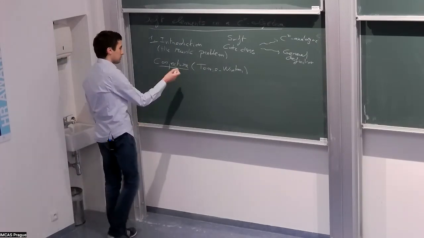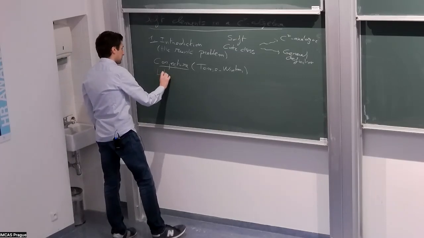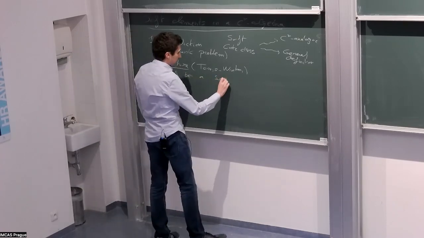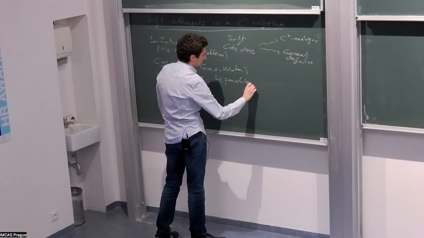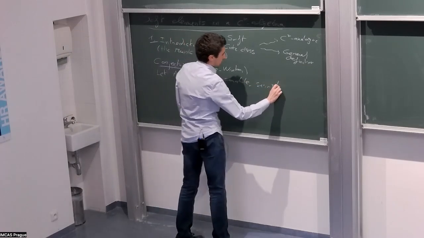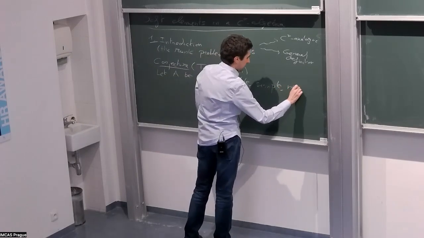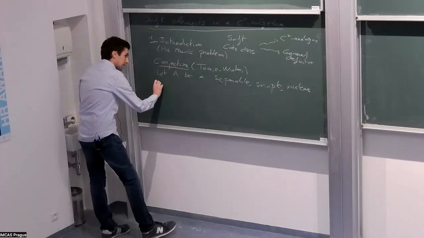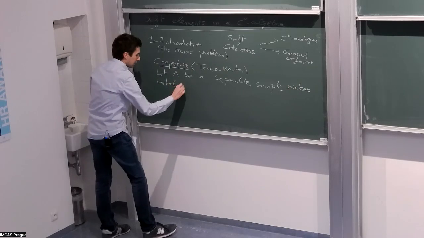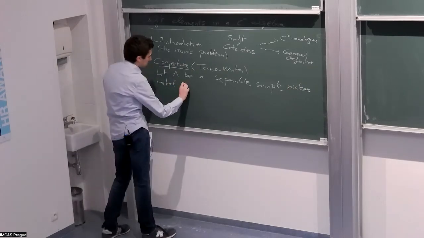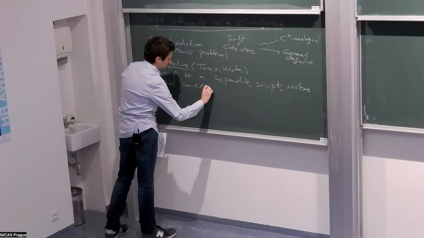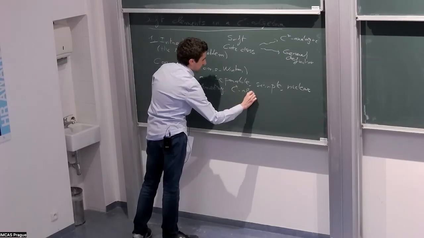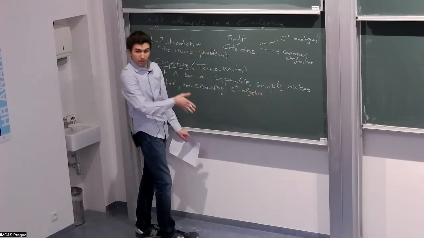So explicitly, what the Toms-Winter conjecture says is that given a separable simple nuclear simple unital C*-algebra, and which is also non-elementary, then the following 3 things should be equivalent.